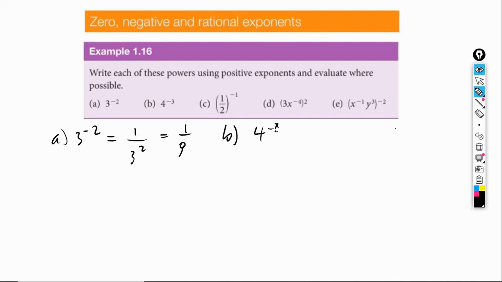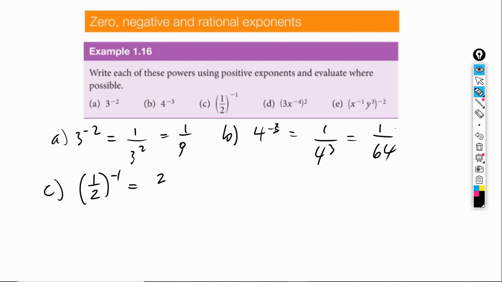We do something very similar. We just go 1 over 4 to the 3, or 4 cubed, and this is going to be 1 over 64. For C, we have a fraction, or a quotient, 1/2 to the power of negative 1. With fractions, all we have to do is flip them around. So this is the same as 2 over 1 to the 1, and this would then equal just 2.